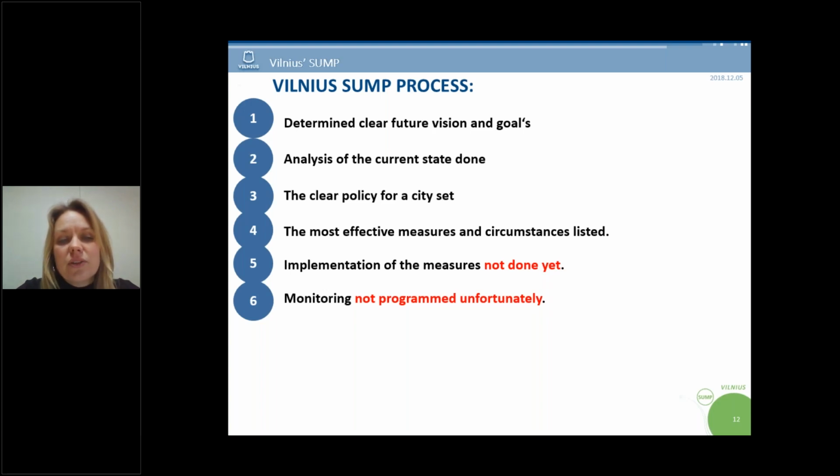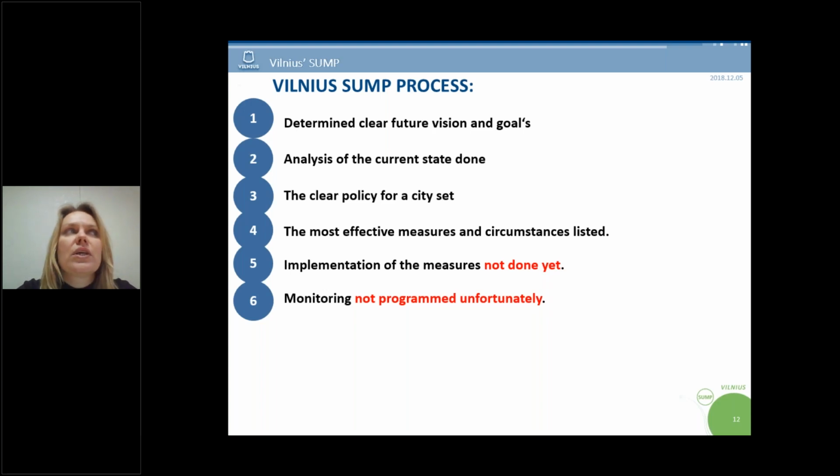And the final part of our SUMP was, and I left the project at that moment, my previous team finished selecting and evaluating the most effective measures and describing in what situation those measures should be applied.